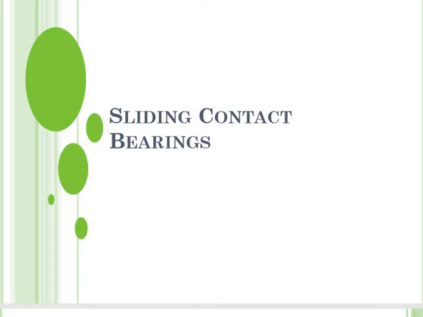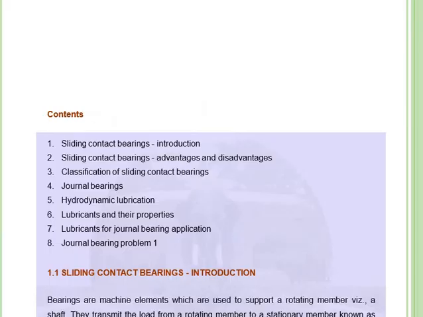Today our topic is sliding contact bearings. In sliding contact bearings, we have different types of bearings. The main purpose of bearings is to reduce friction.